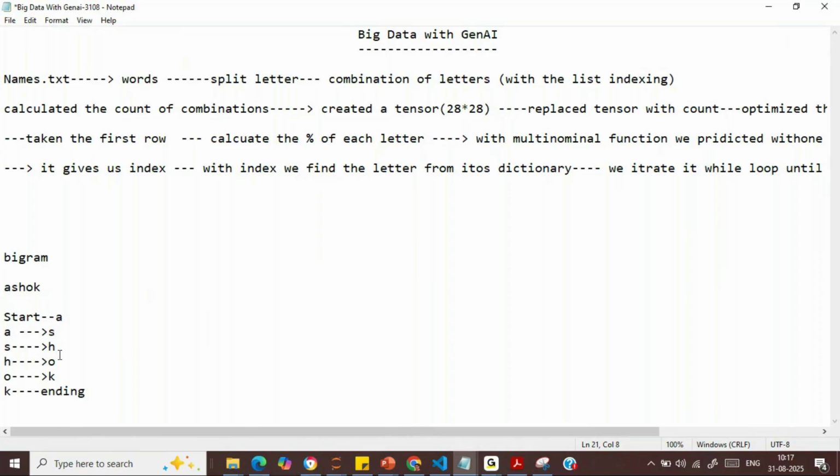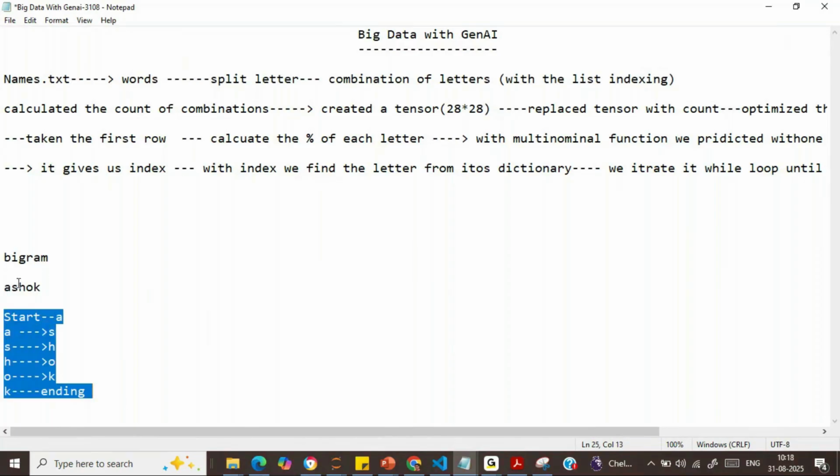So 1, 2, 3, 4, 5 and 6 combinations are there with respect to this name. A, then S, if S is provided then H, if H is provided then O, if O is provided then K, and if K is provided, that is most likely to be the ending character.